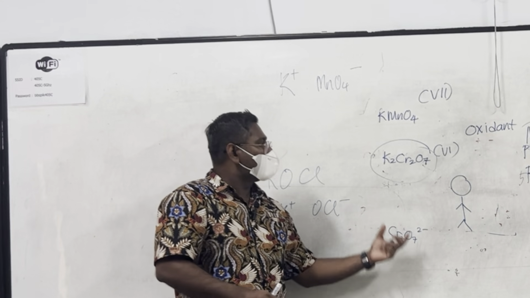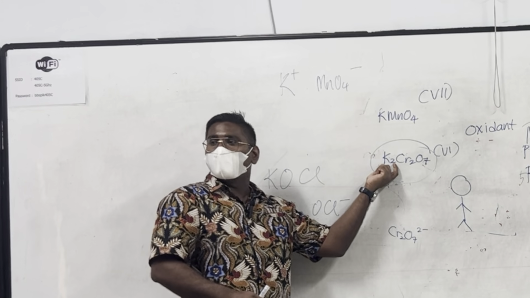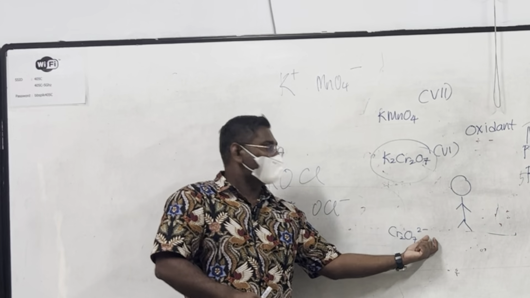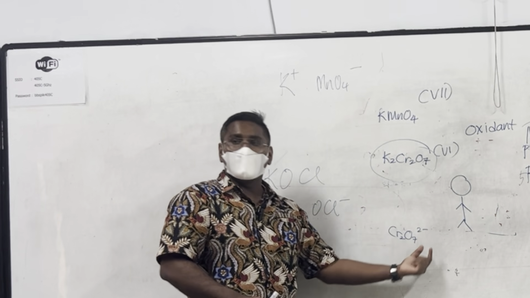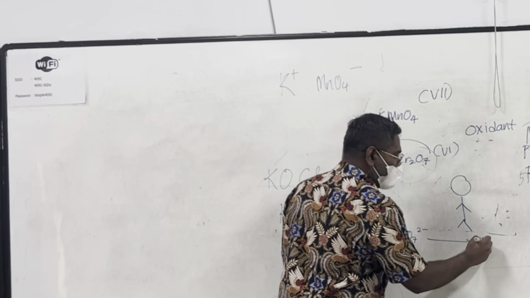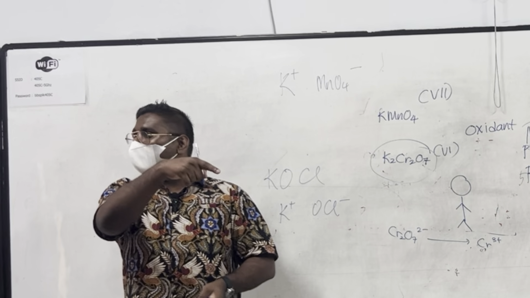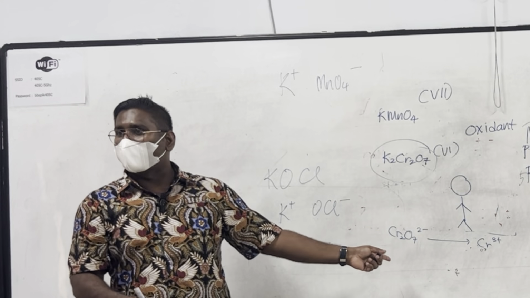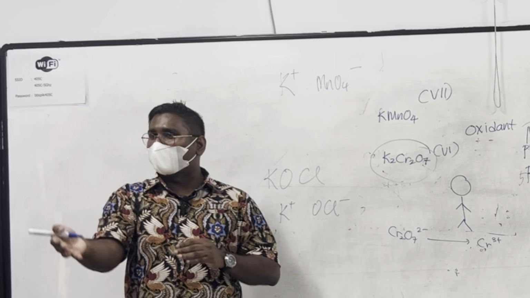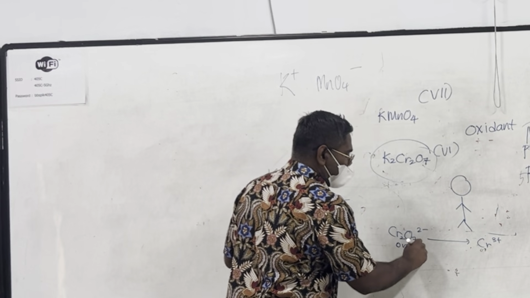This is K2, it means now this one must be 2 minus. Now, they are going to change into Cr3 plus. Memorize, yeah? Just now, Mn2 plus. This one will change into Cr3 plus. And the observation, just now, purple to colorless. This one is going to be orange to green.